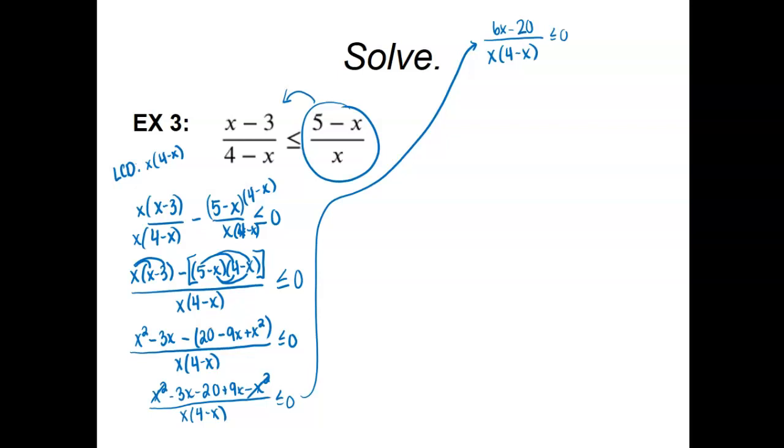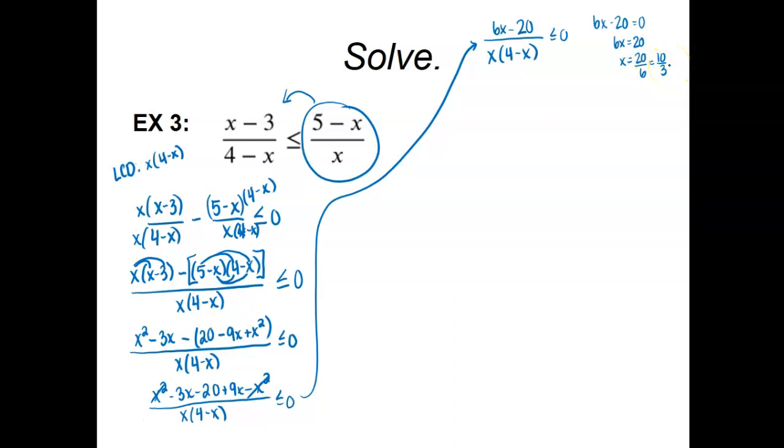So we finally got this into a form where we can do a sign analysis on this particular problem, and we need to know the values of x that would give us 0 either in the numerator or denominator. So if we do 6x minus 20, we're going to get 6x equals 20, and then x equals 20 over 6, and that will reduce to 10 over 3 there.